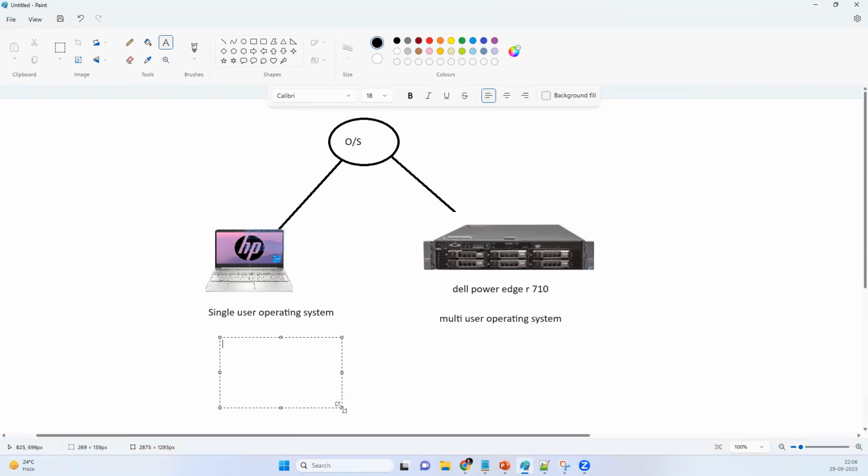So what are the single user operating systems, guys?